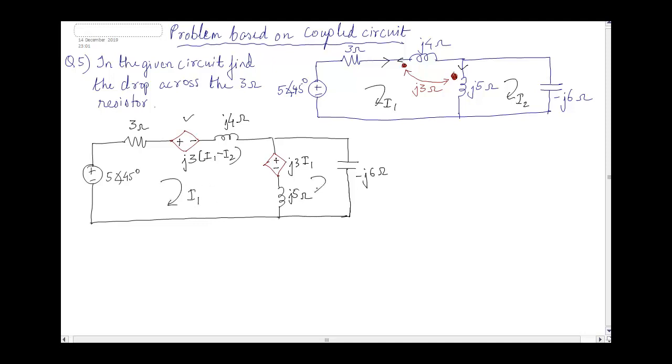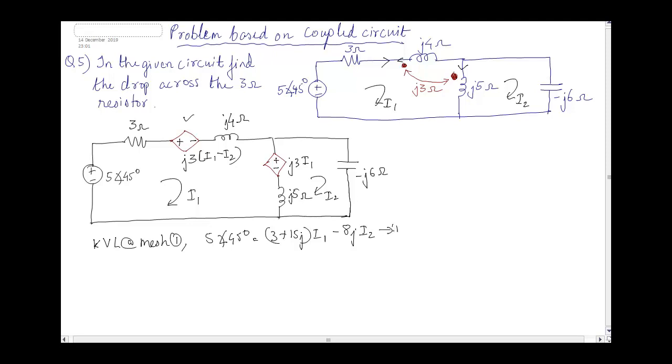I1, the current I2 is here, and then we can write the KVL equations. If I write the KVL at mesh 1, I get the equation 5 angle 45 degrees is equal to 3 plus 15j I1 minus 8j I2.